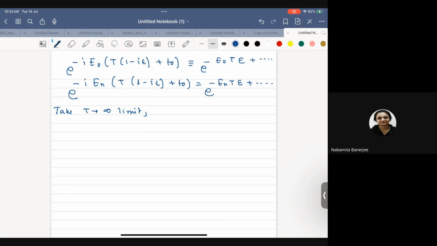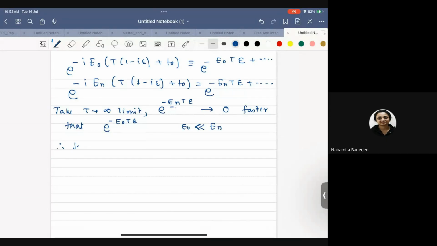So in this limit, exponential of minus En t epsilon will go to 0 much faster than exponential of minus E naught t epsilon. Why? Simply because E naught is the smallest one in En. So this is like exponential of minus 100 t epsilon, while the first one is exponential of minus 10 t epsilon. So of course that will fall off; this one will fall off much faster.